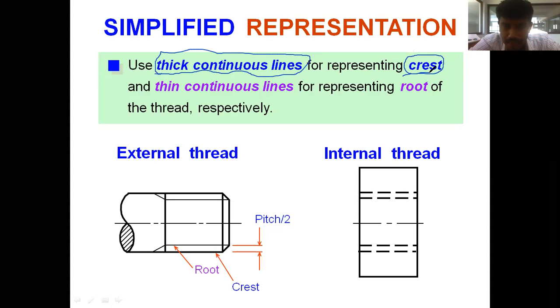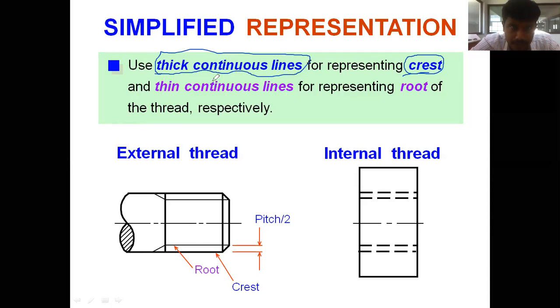In almost all applications we are going to use this kind of simplified representation to represent assemblies of nuts and bolts and all these things. So keep in mind these things. Don't get confused.